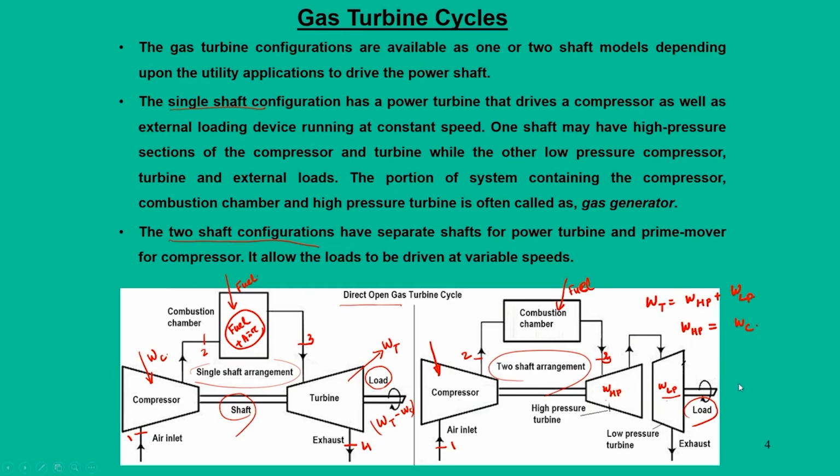This allows the loads to be driven at variable speeds. So, these are the single shaft and two shaft arrangements, and we call both of them direct open gas turbine cycles.